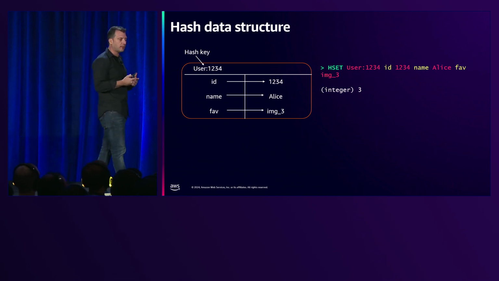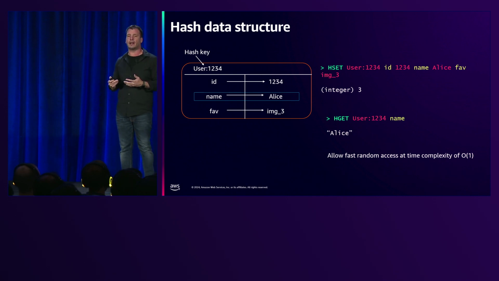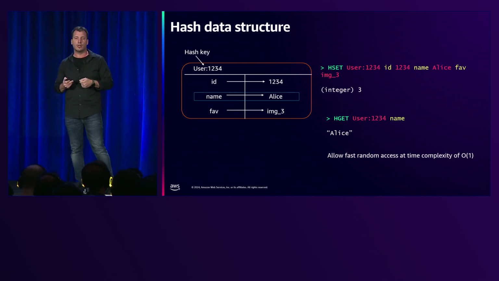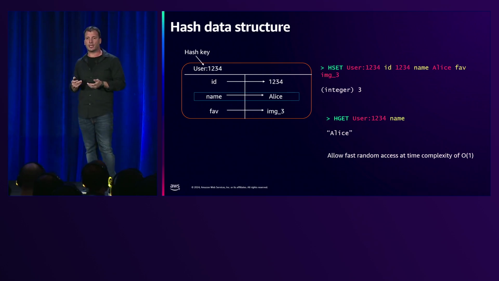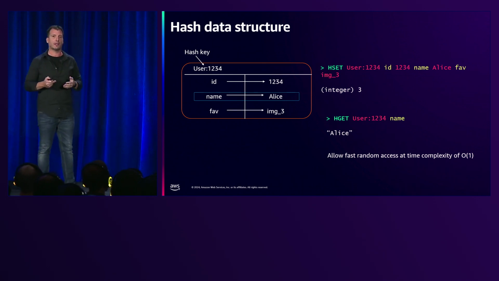Now, the hash is very flexible and allows us to enjoy constant time to achieve a single value, using random access to get a single value from the hash. So in this example, we can use the hget command to retrieve only the name of our object.